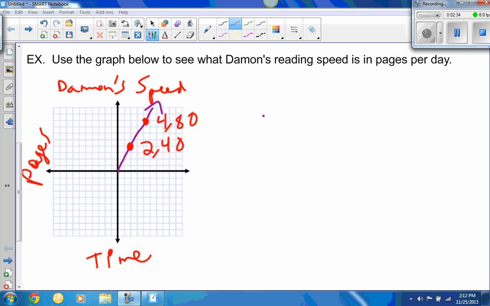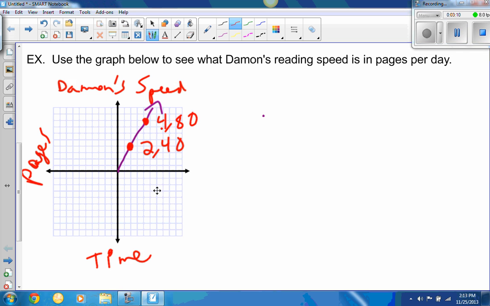So here's a different type of problem, but you're still dealing with the same concept, which is proportional thinking, the constant of proportionality. This one says, use the graph below to see what Damon's reading speed is in pages per day. So in other words, they want you to break it down to a unit rate. I'm only giving you two things here: this is time and this is pages. This is saying that in 2 days, he's reading 40 pages, and in 4 days, he's reading 80 pages.